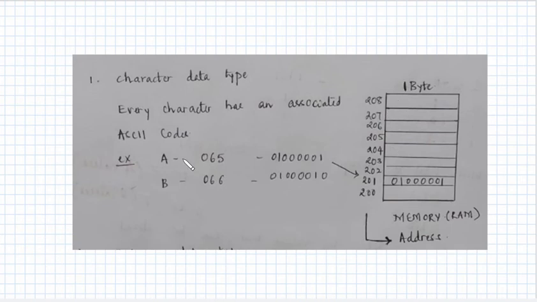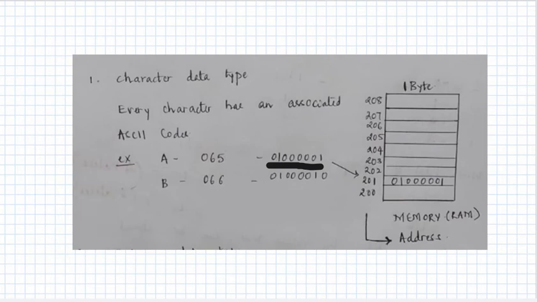So if I am going to store A into the memory, the ASCII value of A, that is 65, is converted to binary. The binary value of 65 is this. This goes into a particular location. This is how a character data type is stored, and it just occupies 1 byte in memory.